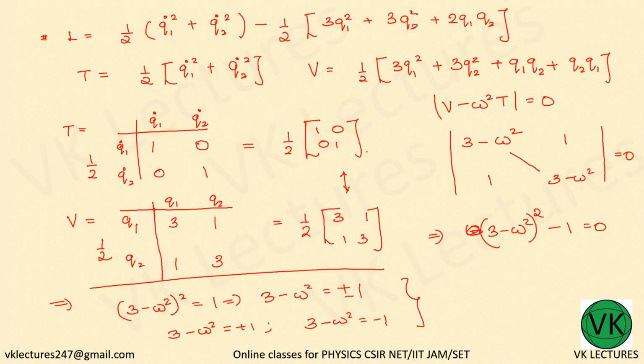When we take plus 1, omega squared becomes 2, and in the other case omega squared becomes 4. So omega equals either root 2 or 2. This is the frequency of oscillation, and we derived it from the Lagrangian.